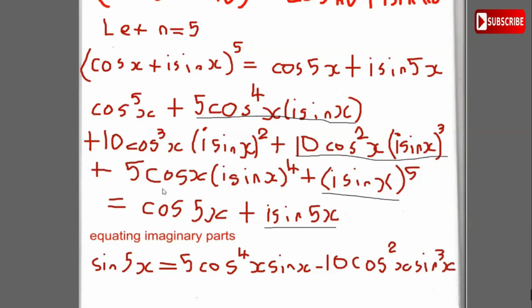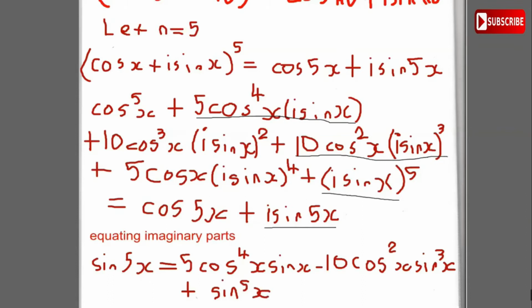Then it's going to be this right here, sin x to the 5th. So this is plus sin x to the 5th. So that is what sin 5x is equal to.